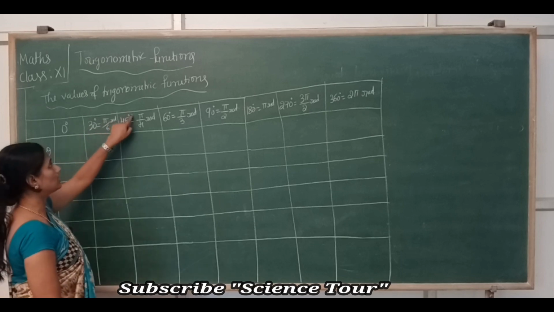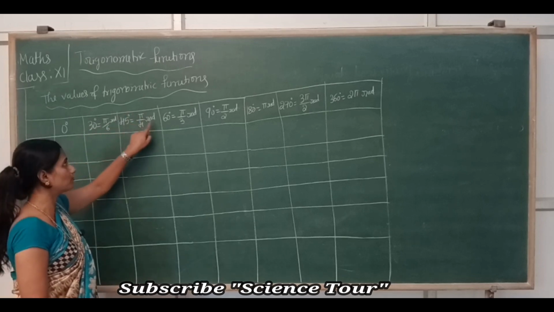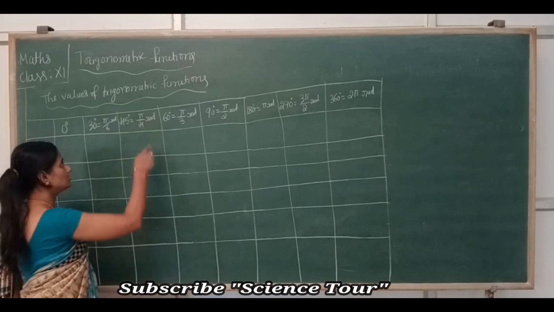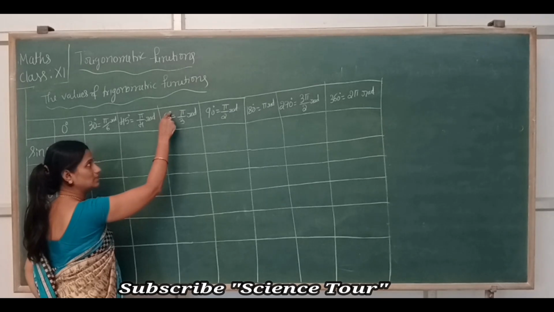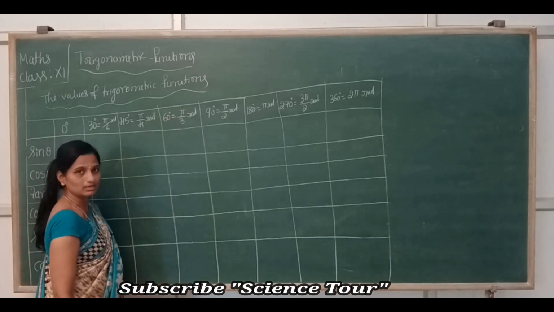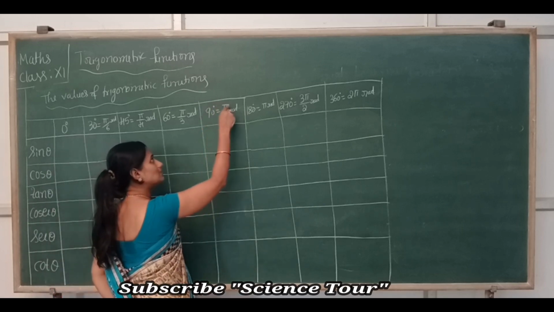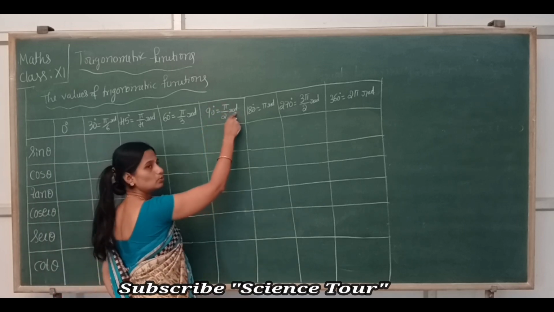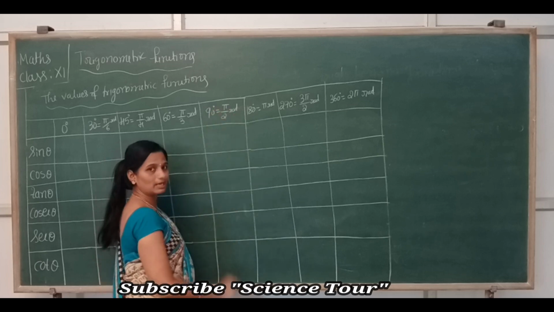Next is 45 degree. So in terms of radian, it is pi by 4 radian. Next angle is 60 degree. So in terms of radian it is pi by 3 radian. So 90 degree, that is equal to what? Pi by 2 radian.